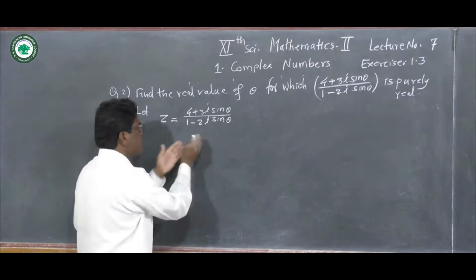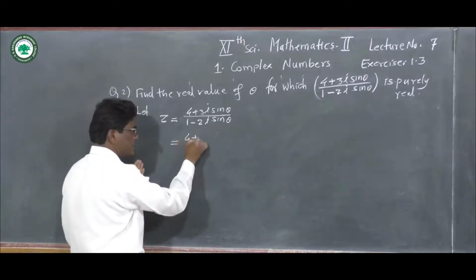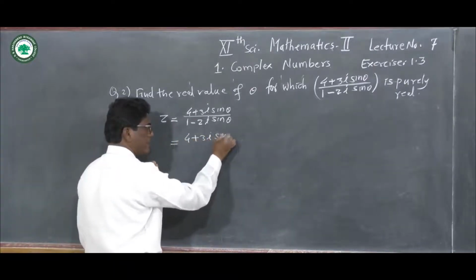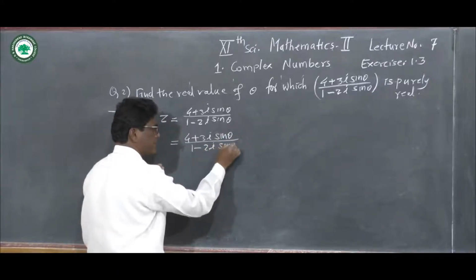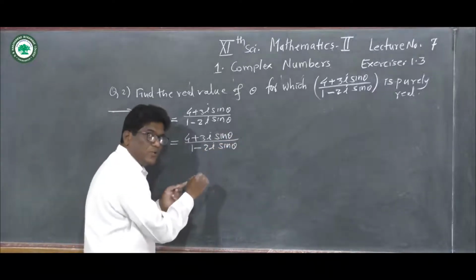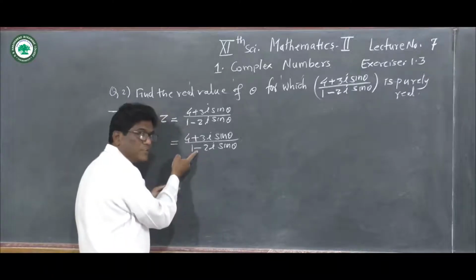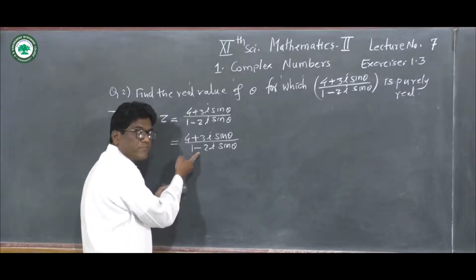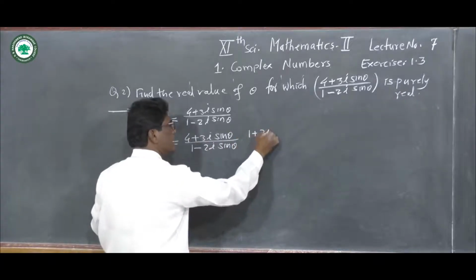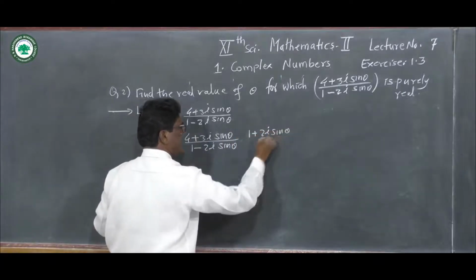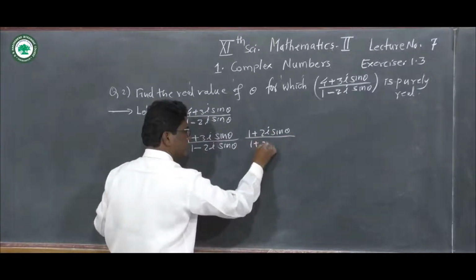So put this as it is, (4 + 3i sin theta) / (1 - 2i sin theta), then take the conjugate of the denominator, change the sign, instead of minus we take plus, and multiply to numerator and denominator: (1 + 2i sin theta) / (1 + 2i sin theta).